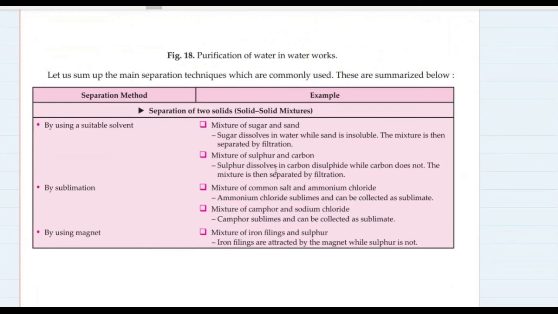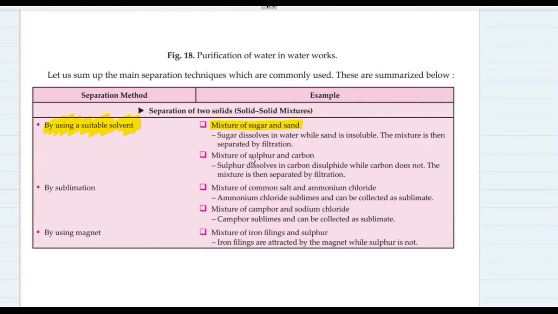Okay, so separation of two solids can also be done by these methods. Let's take a summary of all the methods which can be used. By using a suitable solvent. Suppose you have a mixture of sugar and sand, you want to separate it. Add water to it. Sugar will dissolve, sand will not dissolve. Then you filter the mixture and you get sugar in water, evaporate it, you get sugar separately.